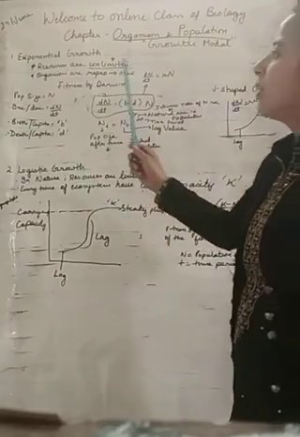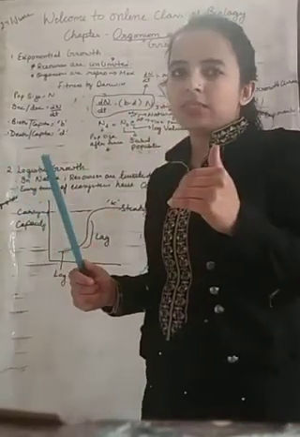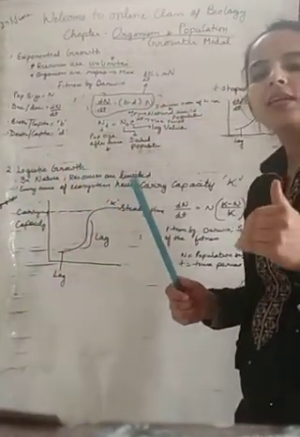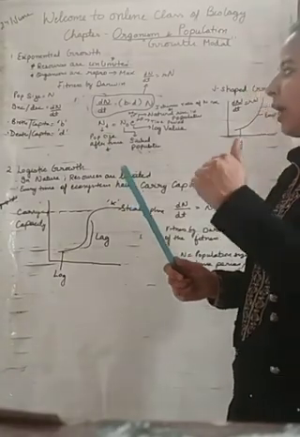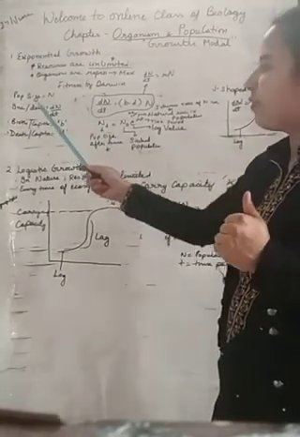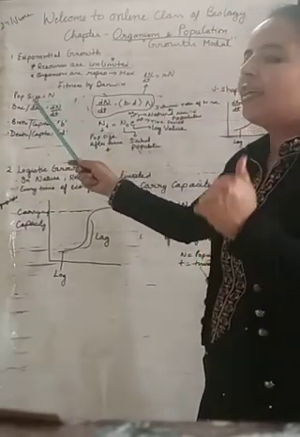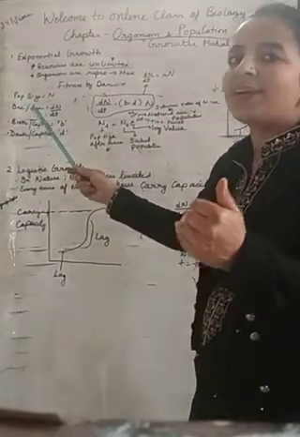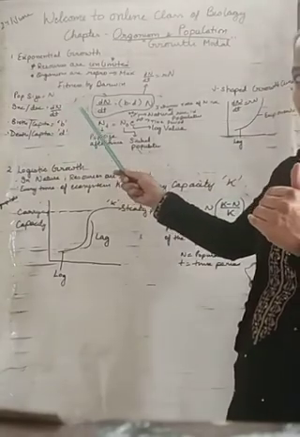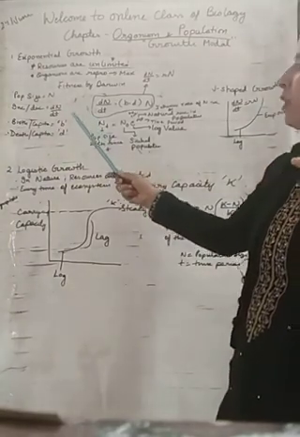Dear students, in this, if I need to find the increase or decrease in the population, I need to know about these things. First of all, population size, that is N, and then increase or decrease in the population, that is dN upon dt, that is change in a particular time period.